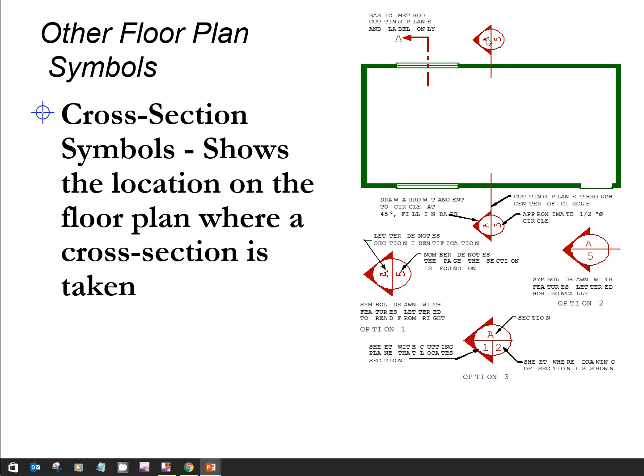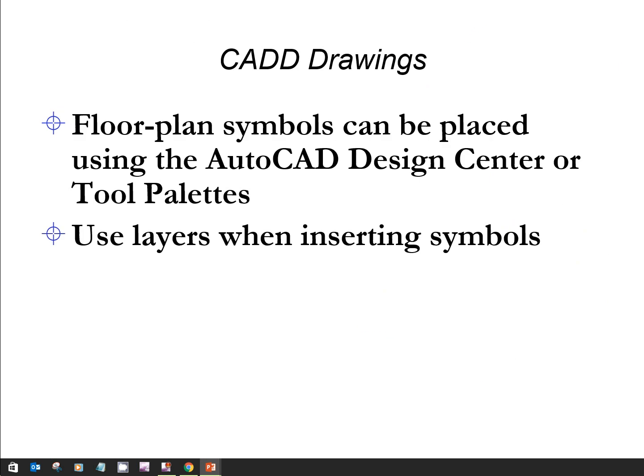Like this one is section A on this page, and you can find it on sheet number 5. So if you turn over to sheet number 5 and find section A, that would be the wall section through this part of the building right here. We're going to get more into this when we actually draw our wall section. So you'll see how it goes.